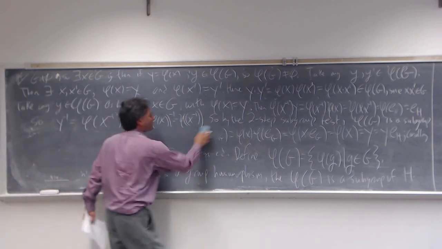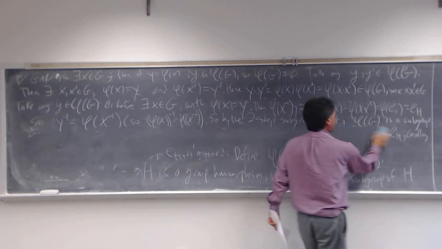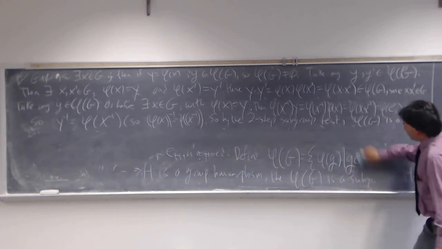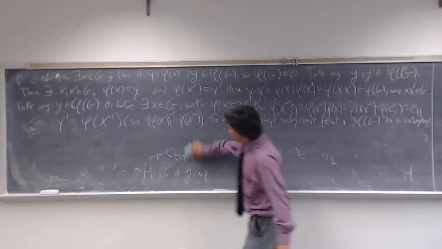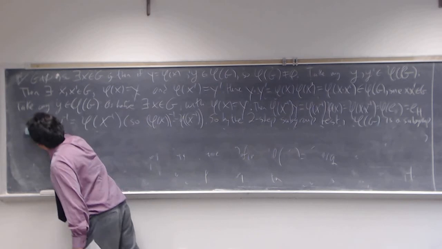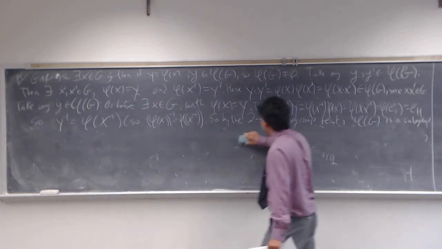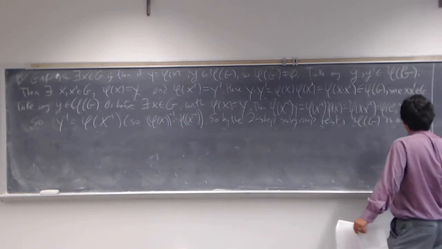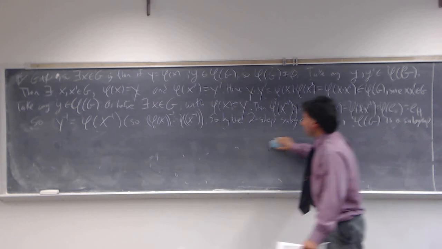Now let me state that result that I've just shown as a corollary. This comes right out of the proof. I've already proved this, so I'm just going to state it, just in symbols, what I put earlier.